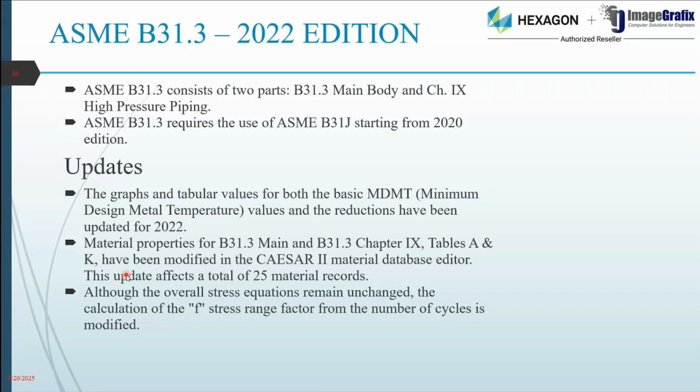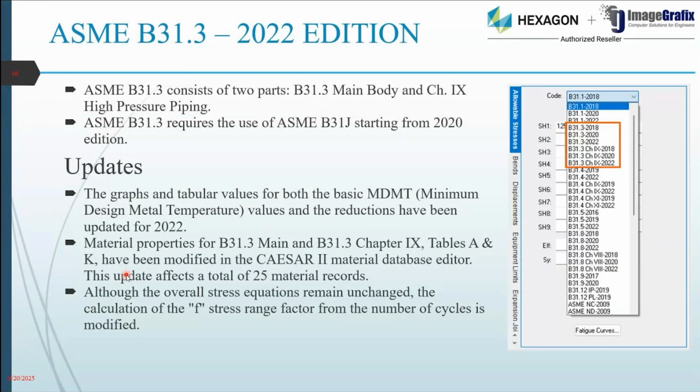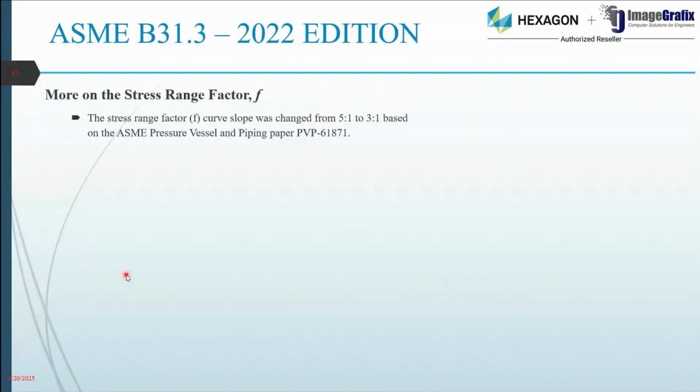Although the overall stress equation remains unchanged, the calculation of the F stress range factor from the number of cycles is modified. So what are those modifications? We'll see it. More on the stress range factor: the stress range factor F curve slope was changed from 5:1 to 3:1 based on ASME PVP paper 61871.